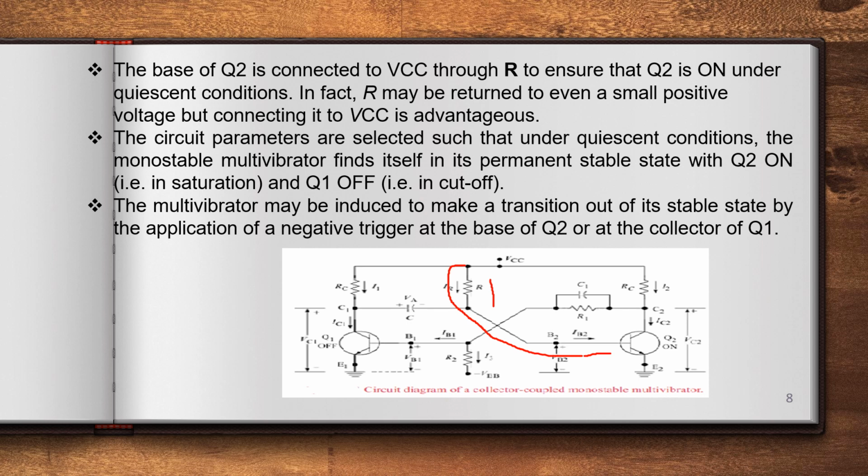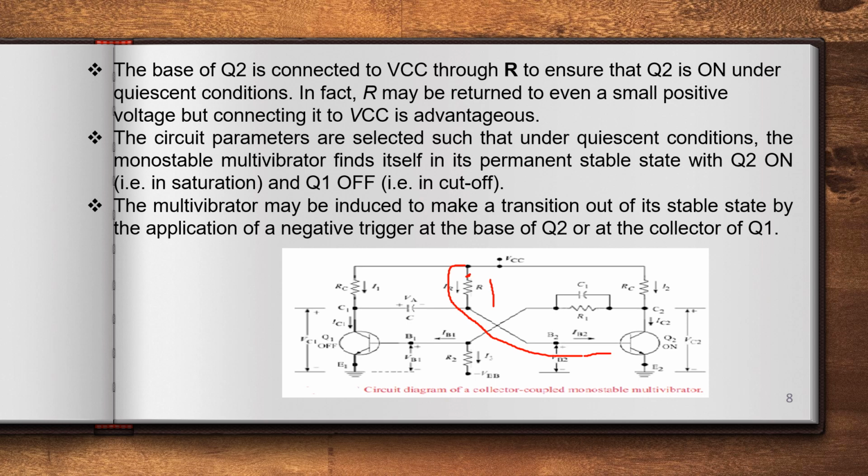In fact, instead of connecting this R to VCC, you can connect an arbitrary voltage source which is less than VCC. But one more voltage source is then required, so cost increases. Instead, connect it directly to VCC, then cost decreases. This is somewhat advantageous to implement monostable multivibrators.